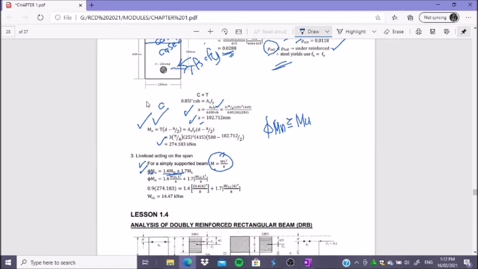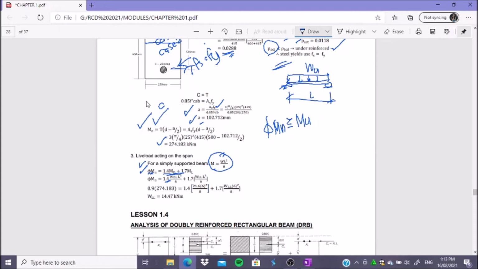So if we have a simple beam, then of course there is the live load and dead load. This is L. We have W here. Now let us separate the dead load and the live load.